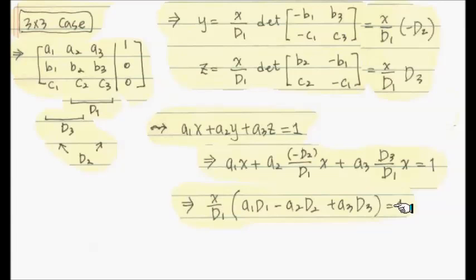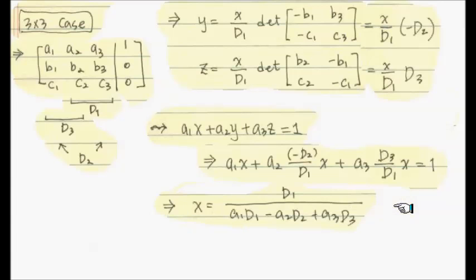So let's solve for x. Then it becomes like this, right? d1 was down there before in the numerator, and whatever that long thing is, down there in the denominator. Okay? So that's what x is, and the good thing about this x is that this time it does not involve y and z. Before, y and z involved the other variable x, so x here is truly the solution.